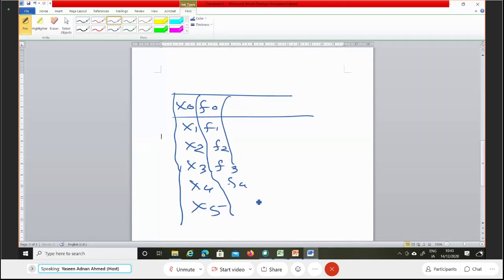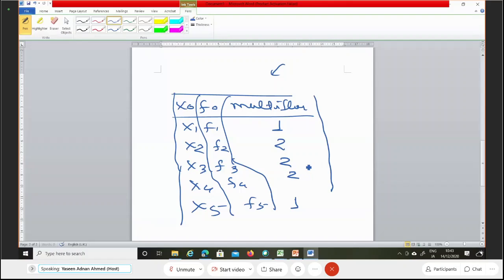So f4, f5. Okay, so now you have the multiplier. In this case, you need to consider the multiplier. When you consider the multiplier, you remember the first and the last is 1, and the intermediate will be 2, 2, 2. Then you have the product.